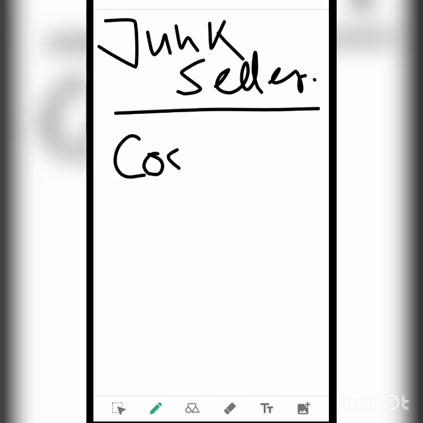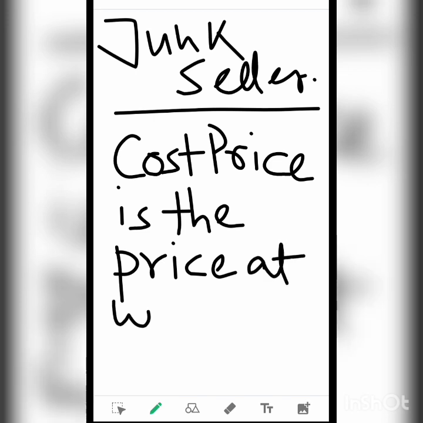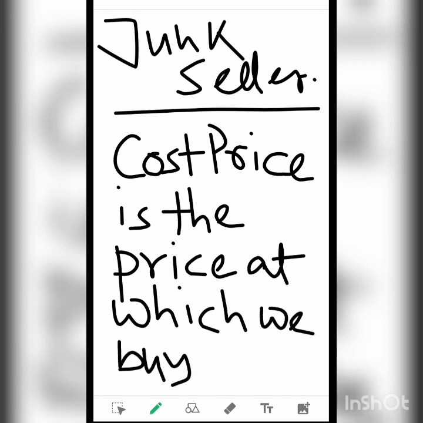So, cost price is the price at which, this is not a definition, this is a general explanation, cost price is the price at which we buy, or we can say purchase, anything.